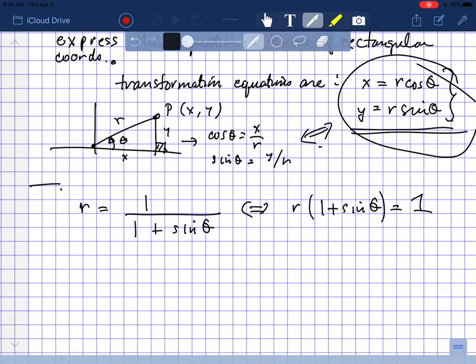And this tells me the following. I have r plus r times the sine of theta is equal to 1. Okay. Now, r times the sine of theta is just equal to y. So I can rewrite this as r plus y is equal to 1, which means that r is equal to 1 minus y.